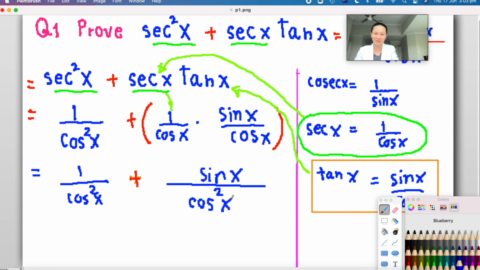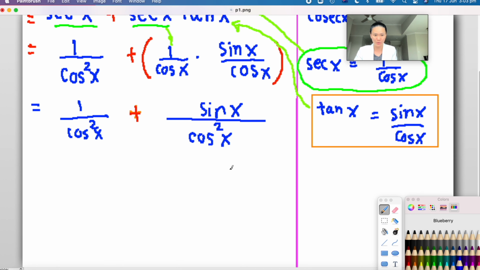Can you see something? We have the same denominator right now. Does it make sense? So I have 1 over cos x squared plus sine x over cos x squared. Same denominator.